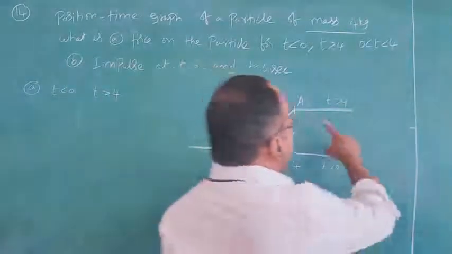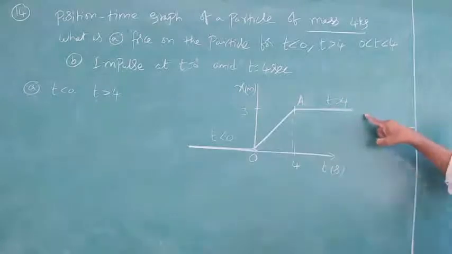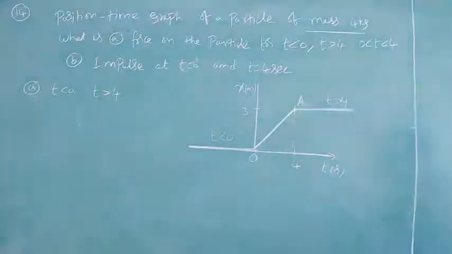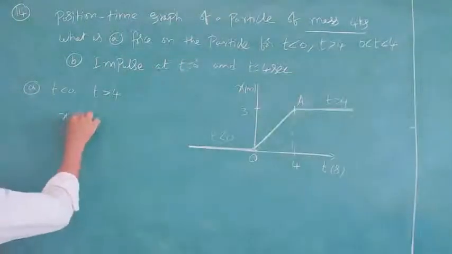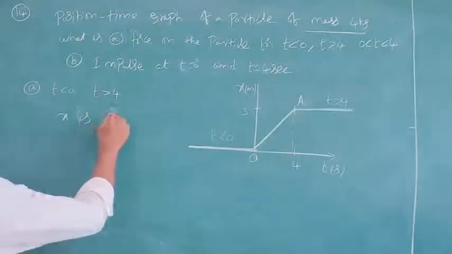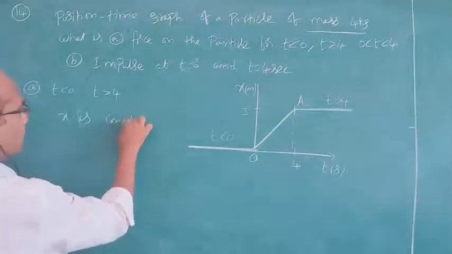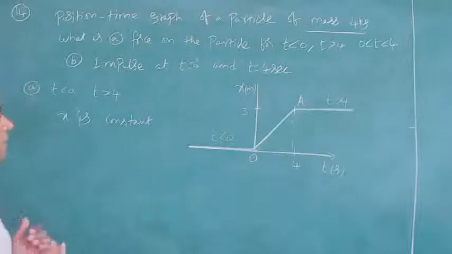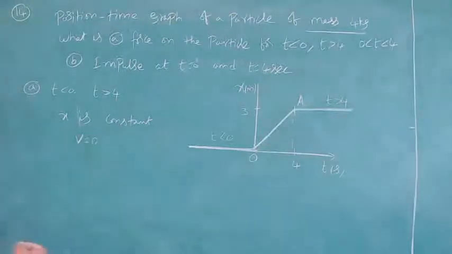So what is happening? It is moving with a constant, and here also it is constant. Constant means the distance is constant. So what is the meaning of this one? Velocity is 0.